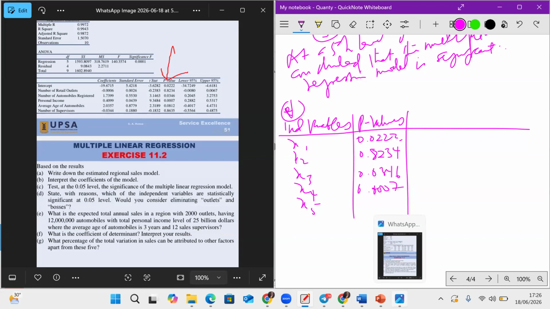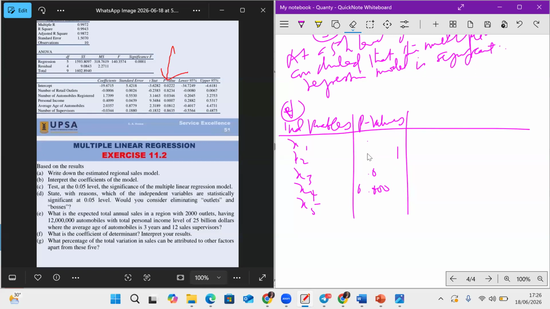Wait, I made a mistake. Hold on. The intercept p-value is not part of it. So it's going to be 0.8234.